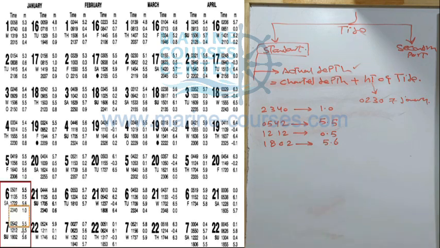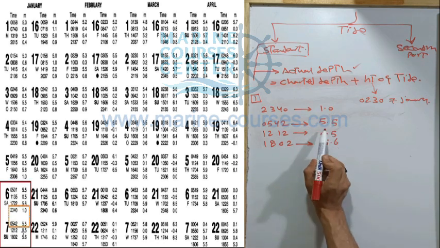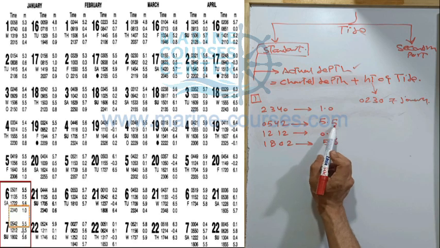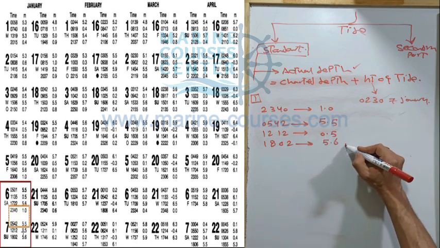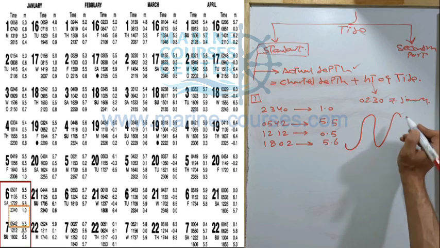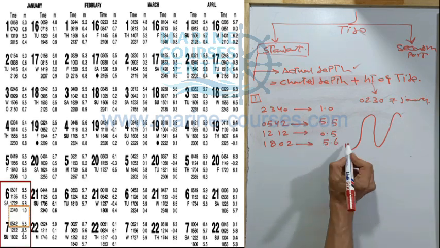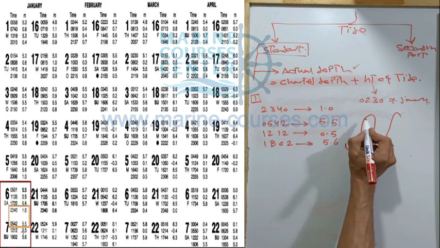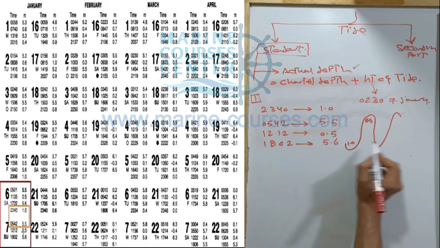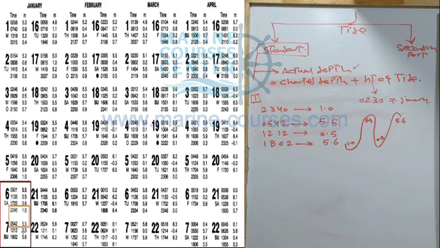So first we're going to write this prediction. This is going to be the first step, and second step you can notice here we have the height 1, and after that 5.5, so that means we have a low water and high water and low water and high water. So we're going to write the height here 1.0, and here 5.5, and here 0.5, and here 5.6.